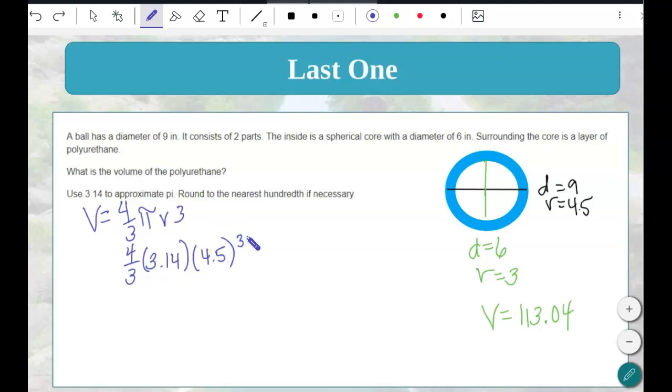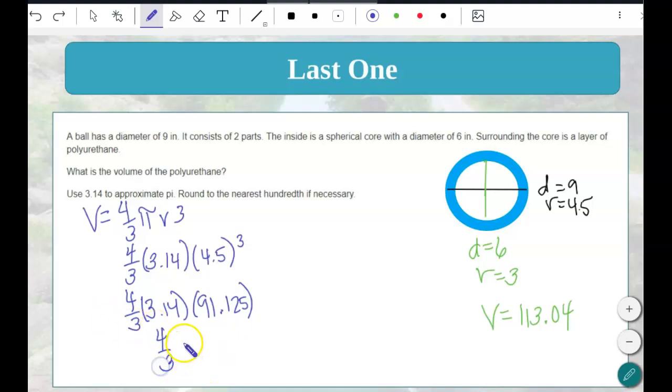Use that caret key. 4.5 raised to the 3rd power is 91.125. Go ahead and multiply that by 3.14, and we get 286.1325.